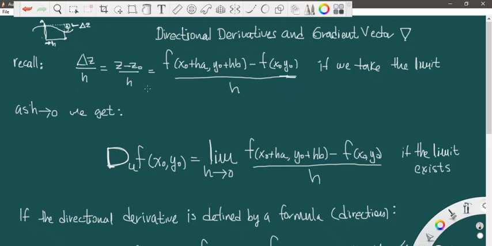Okay, so we can explain this in terms of the definition of the differential calculus. So this is some f of x sub 0 plus h times a, because this h times a is one of the sides of the triangle that is defining the unit vector u, and y plus h times b.